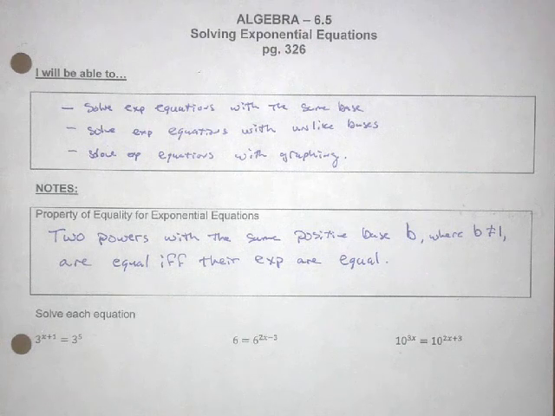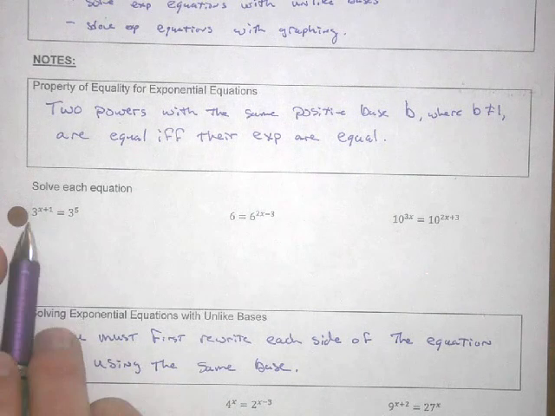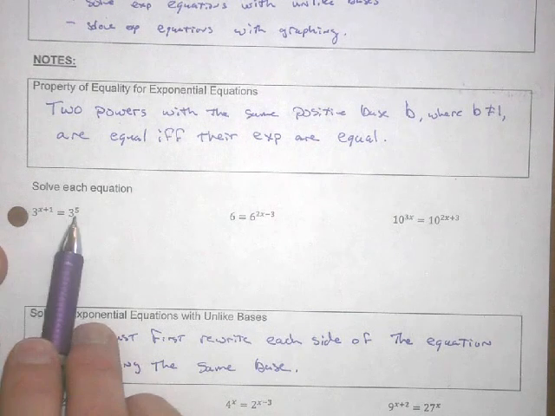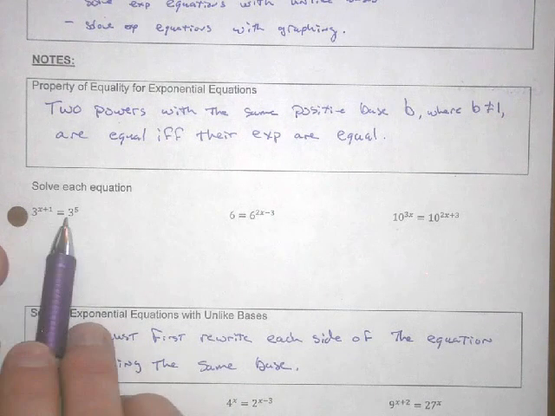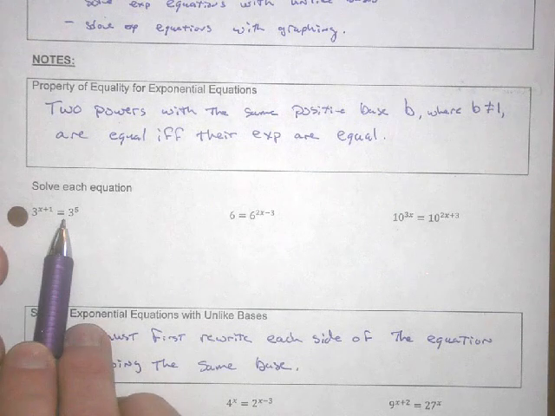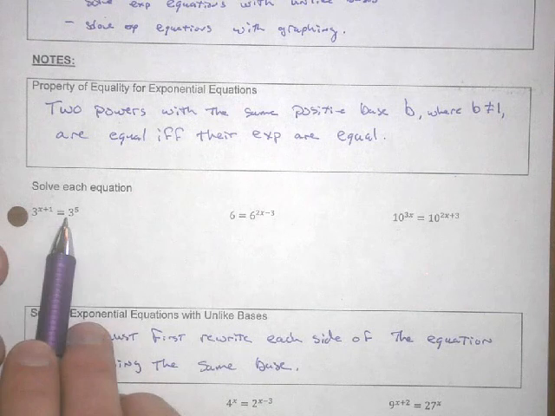So in our first example, if we have bases that are exactly the same, positive, and not 1, we have a base of 3 and a base of 3, so we kind of ignore the bases because they're already 3's.